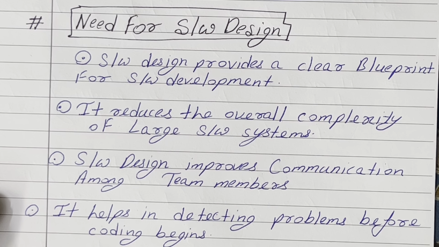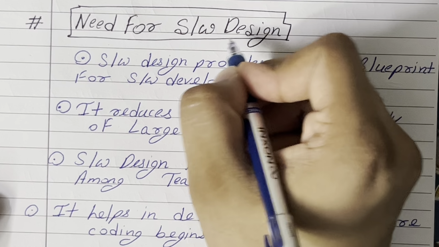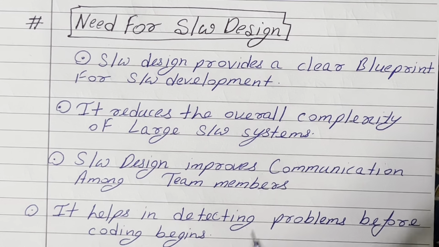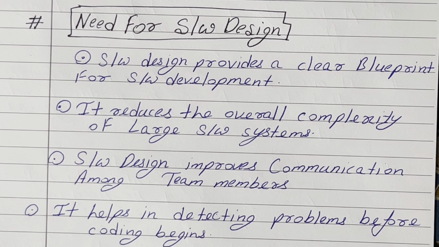So guys, as you know, one of the primary reasons for preparing software design is to create a detailed blueprint for the entire software system. Just as architects prepare a building plan before construction begins, software engineers prepare a design before writing the program code.